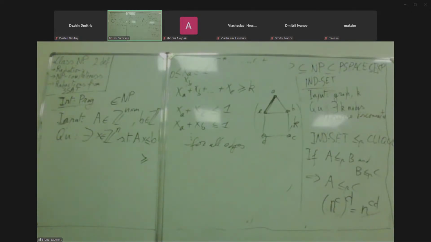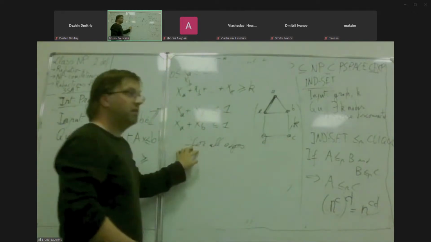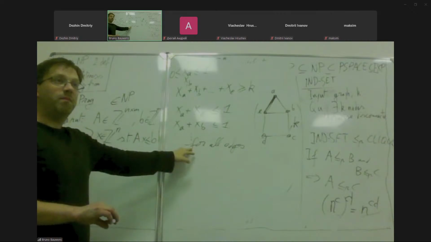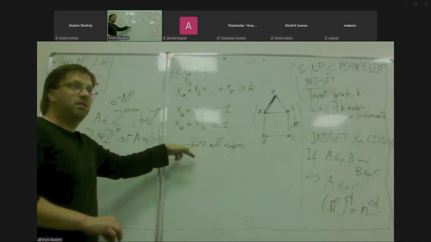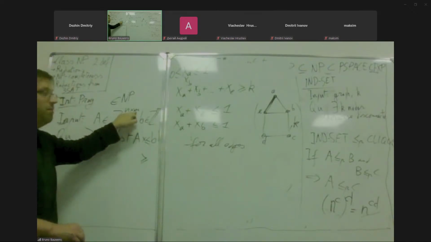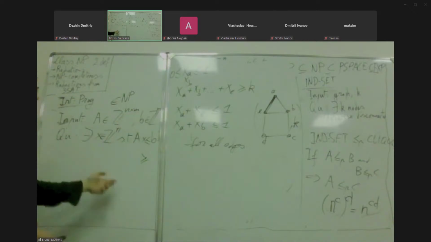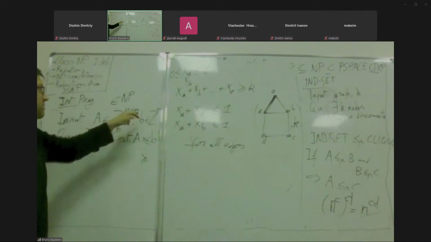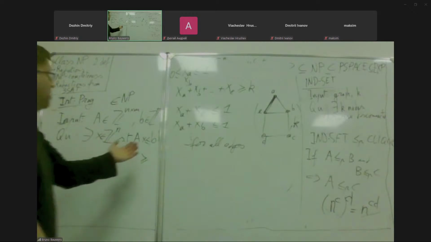The claim is that this reduction from the graph to the matrix A and vector B can happen in polynomial time, because N and M are polynomial. And A is of size N times M, so writing all coefficients can be done in polynomial time.